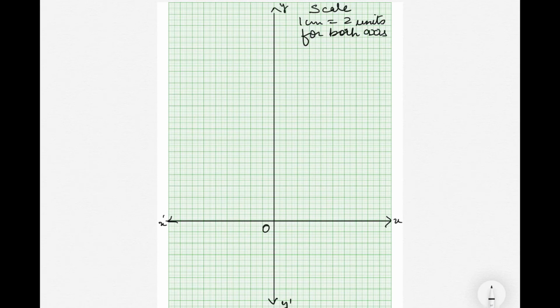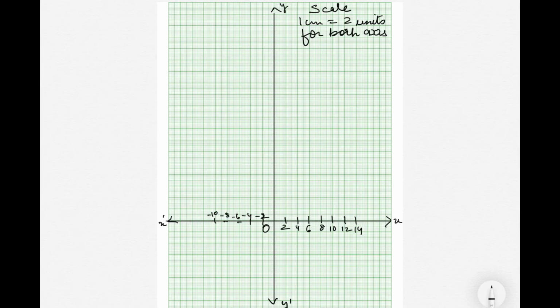Okay, so this is my positive x-axis: 2, 4, 6, 8, 10, 12, 14. This would be minus 2, minus 4, minus 6, minus 8 and minus 10.